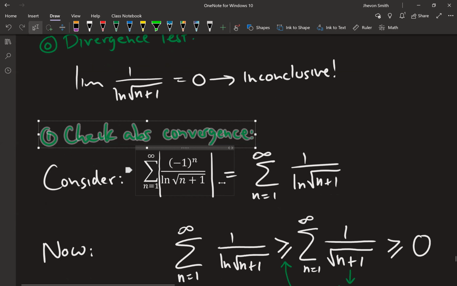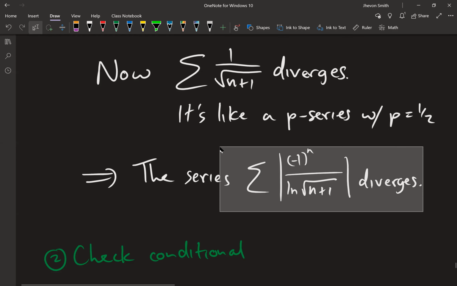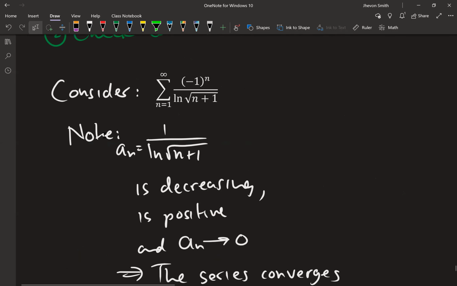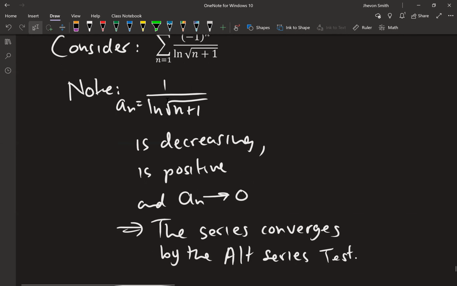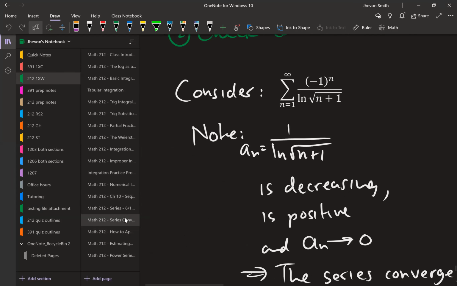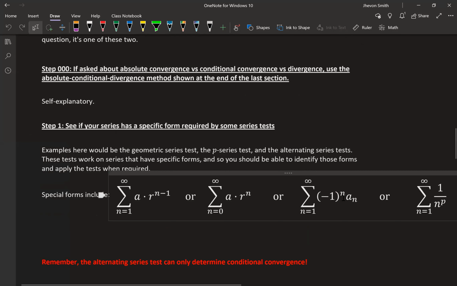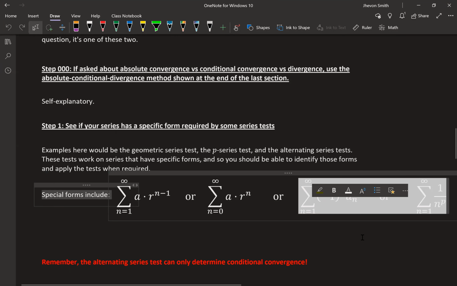Now, if it works out here and if it converges, then you stop at that point and you say, oh, the series converges absolutely. If it diverges at this point, then you take off the absolute values and do a series test again. And in this case, the alternating series test is the one that I would try because I see that -1 to the n. That reminds me of the strategy that I have here that says, hey, it looks like a special form. It's a -1 to the n. It's right here.